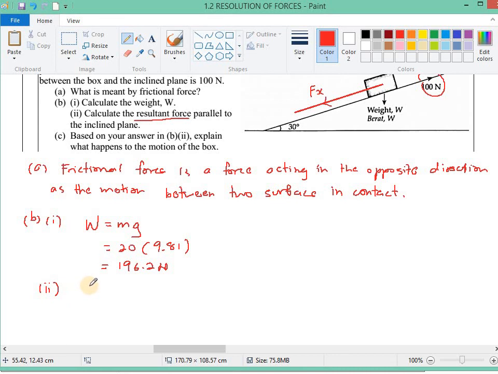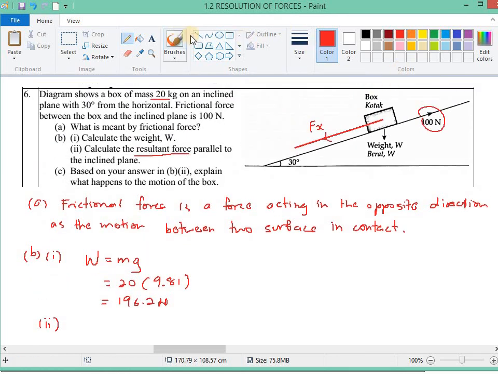First we want to find the component of the force that is parallel to the inclined plane. You see, this is the weight. Because of this weight, the box is pushing onto the surface of the inclined plane.